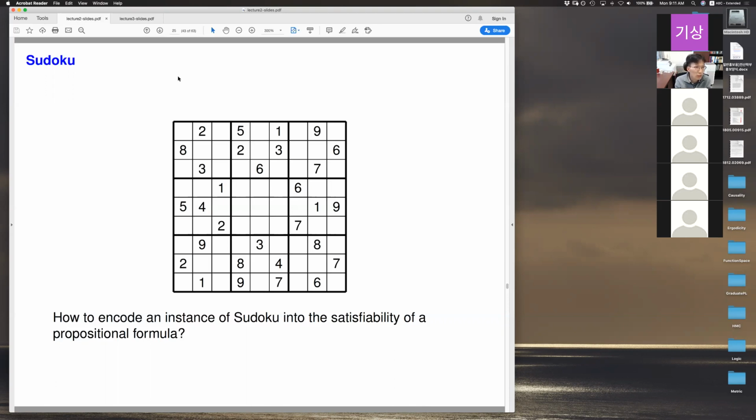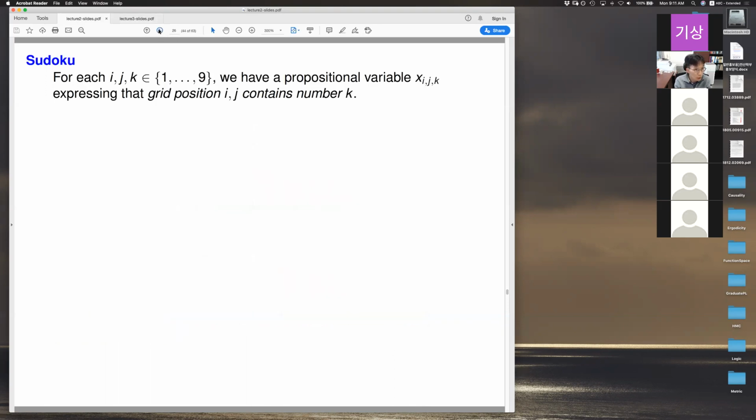So in this case, what we're gonna do is we will introduce 9 times 9 times 9 propositional variables, which are written here as xijk. And this is a propositional variable, so it's gonna have a value either 0 or 1, but it will have a clear meaning.